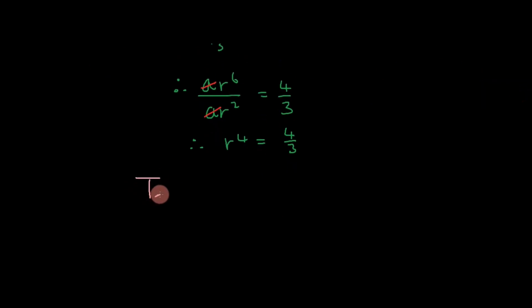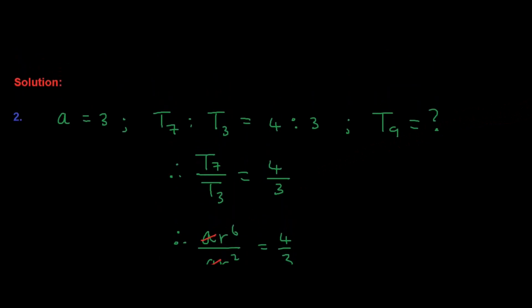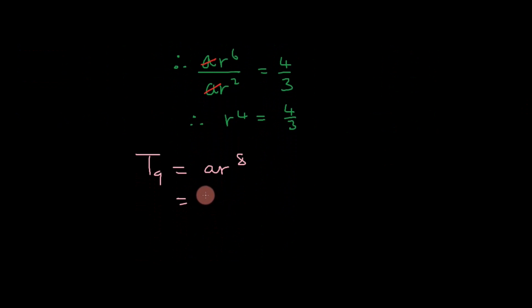Now we need to find the ninth term. So T sub 9 is ar to the 8. And of course we do have a. a is equal to 3. Now we have r to the 4 here. So I'm going to rewrite r to the 8 as r to the 4 all squared, using the rules of exponents.